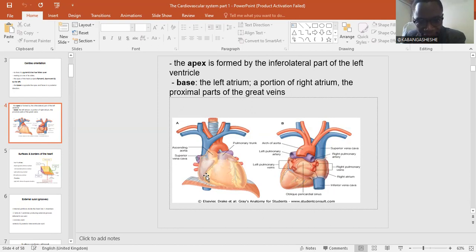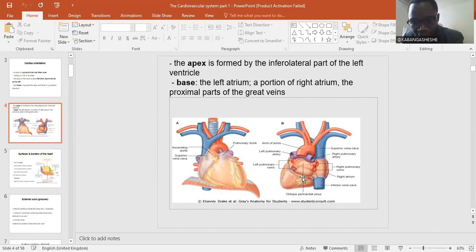It is running just inferior to the right atrium, that is anteriorly and posteriorly. Then it also lies inferior to the left atrium here, and then goes lateral and then circles the entire heart. So the importance of the coronary sulcus is that it separates atria above from ventricles inferiorly.